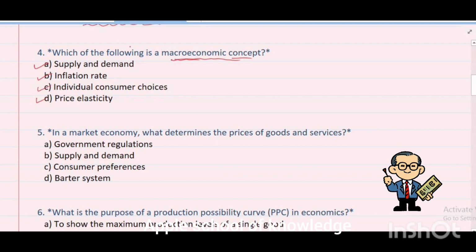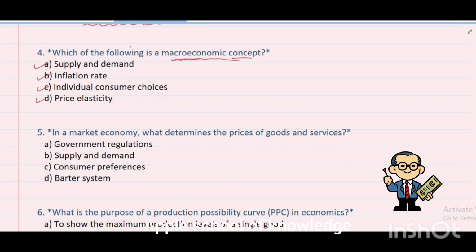So, as we know that macro means big, macroeconomics deals with the big things. If you remember from the lecture which we have recorded before on this economics video series, there I have properly explained what is microeconomics and what is macroeconomics.